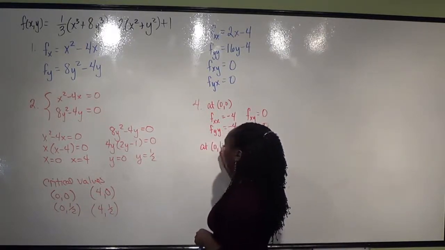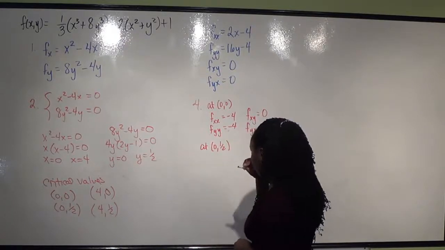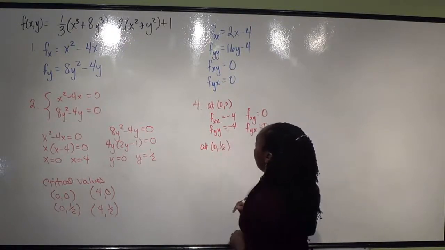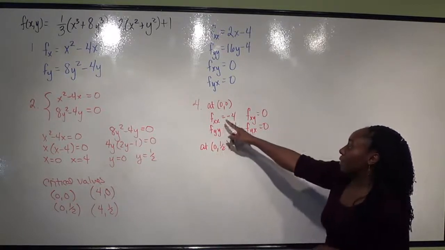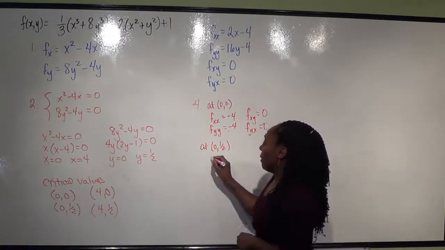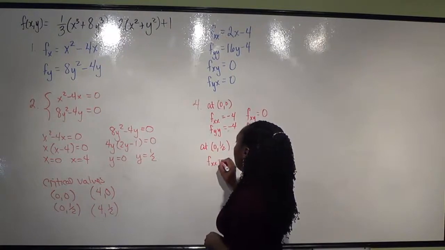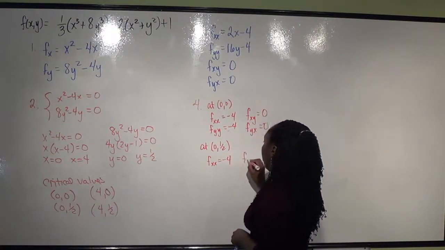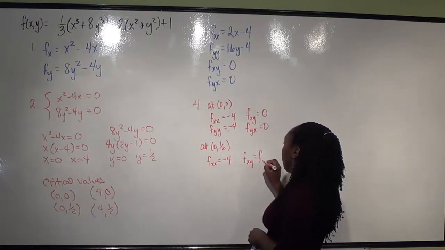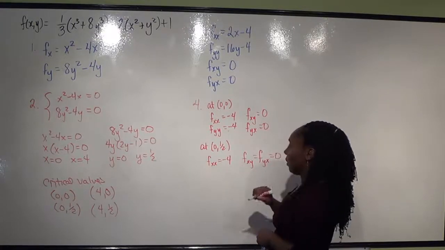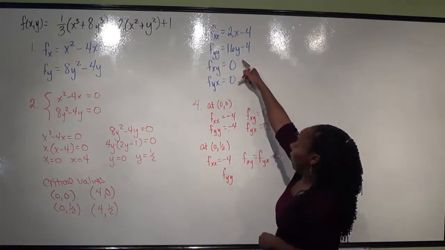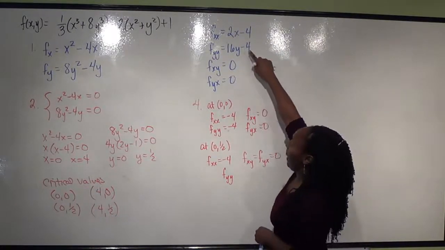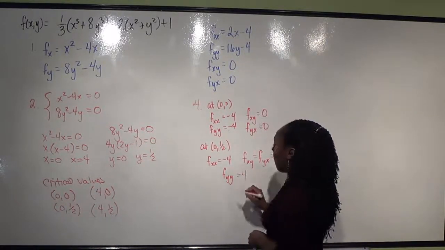At 0, 1/2, notice the only thing that's going to change are the ones that have a y in it, because the x value is exactly the same. So f(x)(x) is still going to be negative 4, f(xy) and f(y)(x) are still going to be 0, but now f(y)(y), plugging in there, when I put in a half, I'm going to get 8 minus 4. It's going to give me a positive 4.